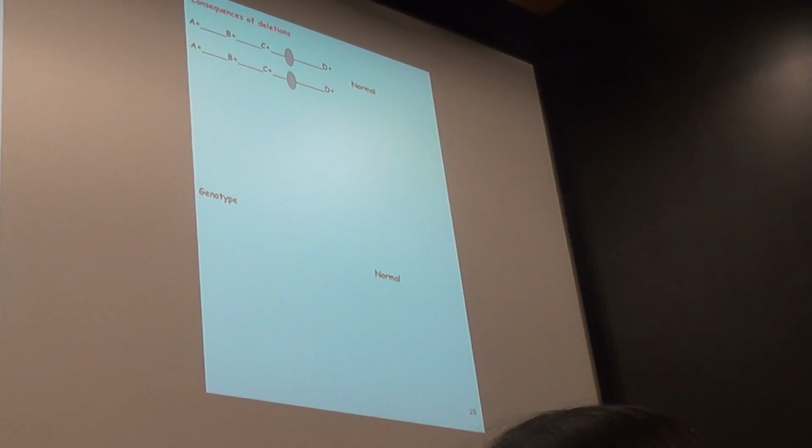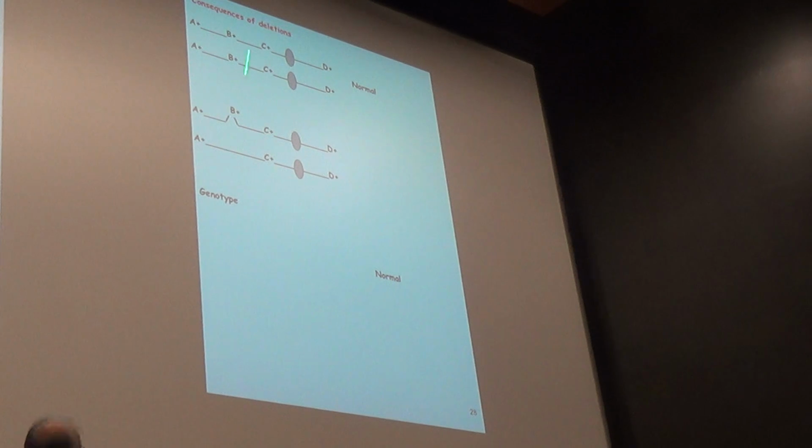Okay, so what are the consequences of deletions in terms of meiosis and progeny and germ cells? So here's your normal cell, the gene, the chromosome. Imagine you have a deletion right here. This segment is missing, you are heterozygous, you have one normal copy of the chromosome, one chromosome with a deletion.